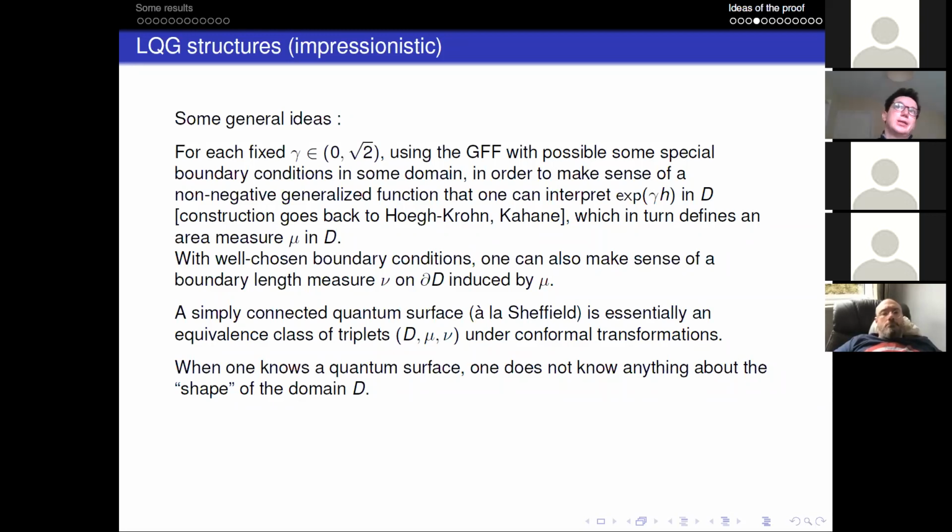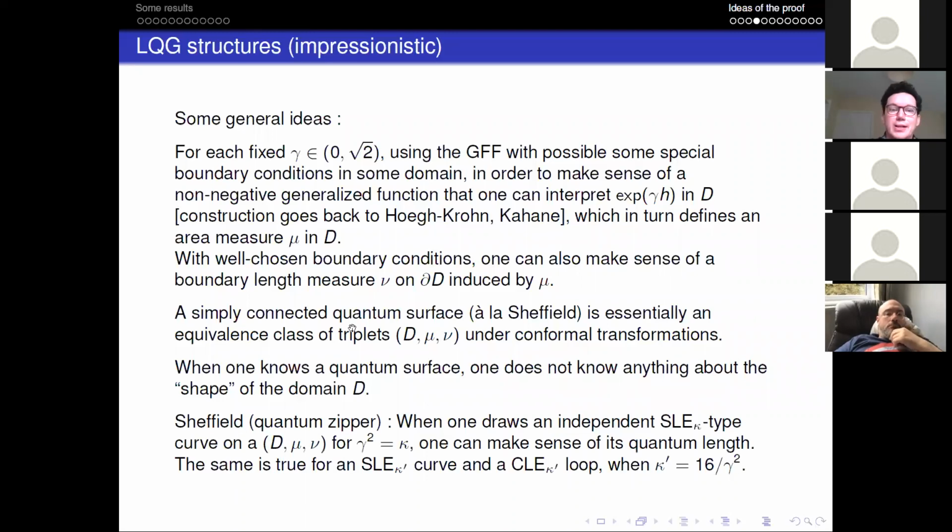So in particular, if you start exploring a quantum disk, that means the interior of a CLE kappa prime loop, and then you explore inside there, you get the similar stationarity feature, meaning that in all the remaining domain that you have to continue to discover, there are going to be discoveries of a Poisson point process of quantum disks. And therefore, the law of what remains to be explored is still a quantum disk itself. So I'm going very, very quickly.